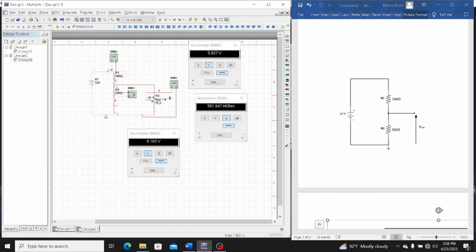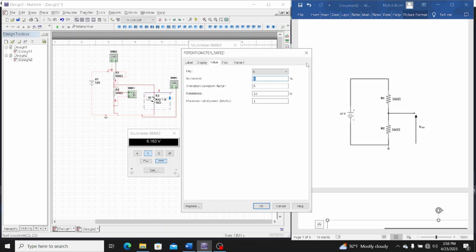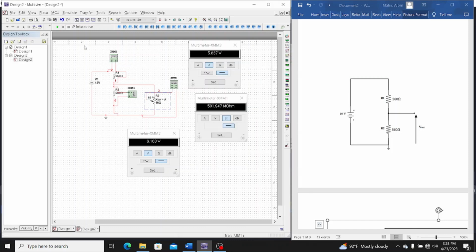So I need to stop this and change the value. Okay, done. Then I am again going to run it. Then we will get different voltages.